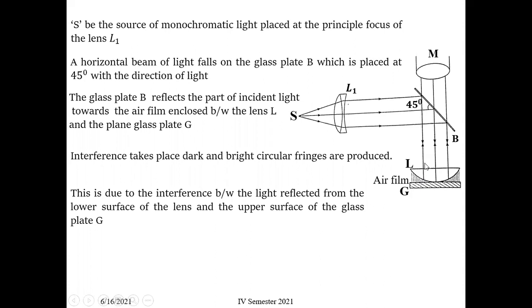Those two reflected light waves interfere, and we get the interference pattern in the form of alternate dark and bright circular fringes. These interference patterns are viewed through a microscope, that is, a traveling microscope.